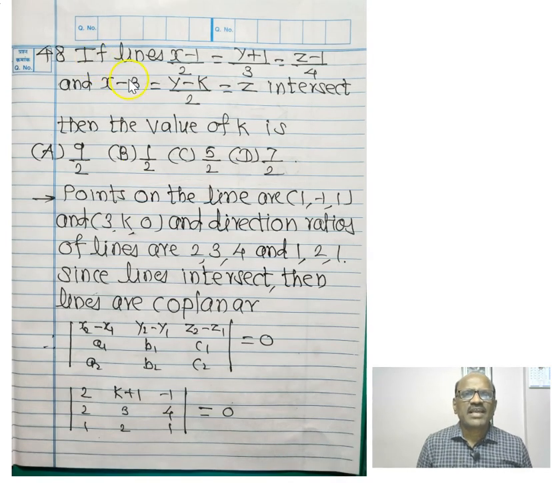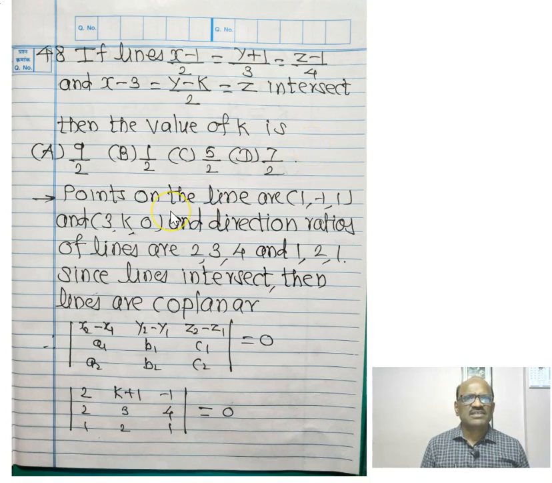Next, if the line (x minus 1) upon 2 equals (y plus 1) upon 3 equals (z minus 1) upon 4, and x minus 3 equals (y minus k) upon 2 equals z, intersect, then what is the value of k?